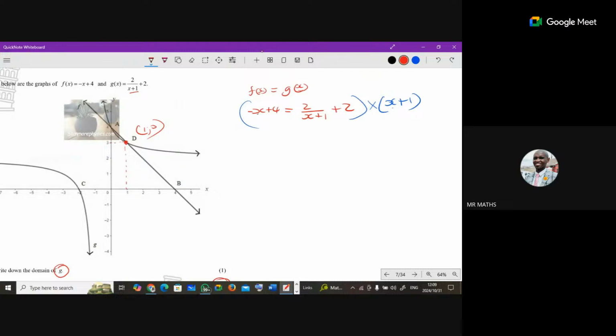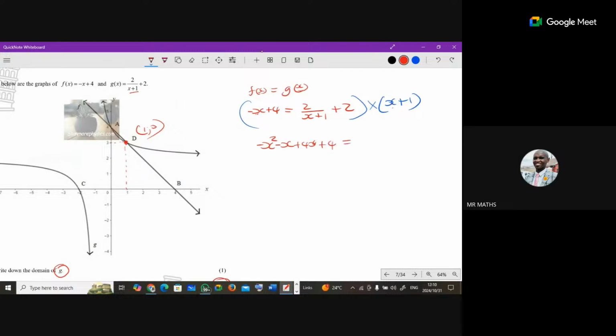On the left hand side, -x multiplied by x is going to give us -x squared, right? -x multiplied by +1 is going to give me -x. Then 4 multiplied by x is going to give me +4x. Then 4 multiplied by 1 is going to be +4.